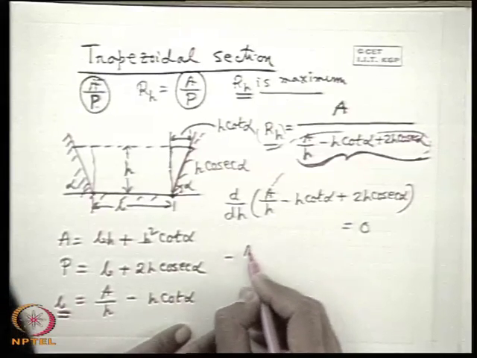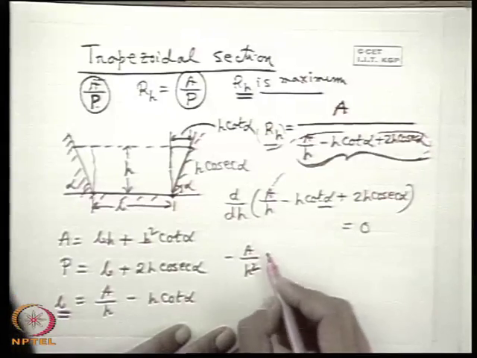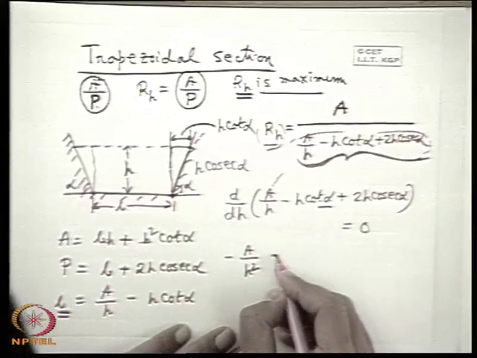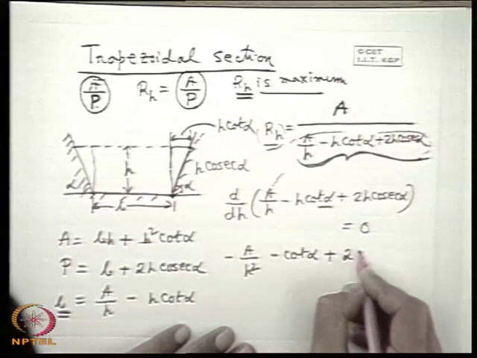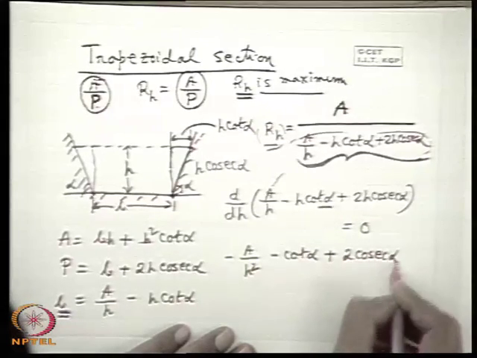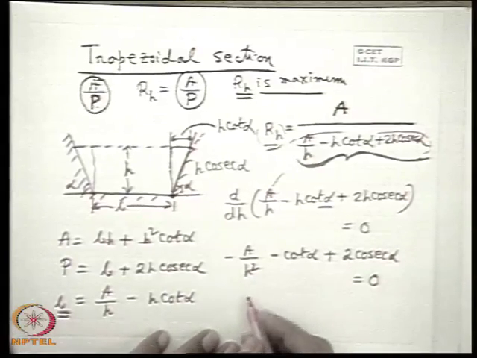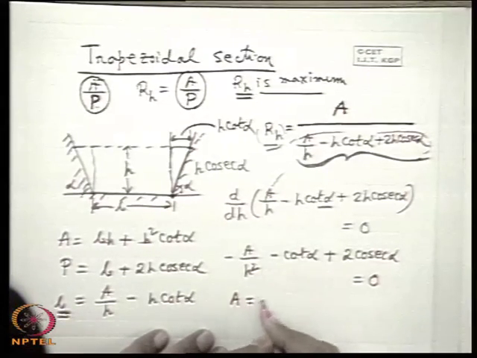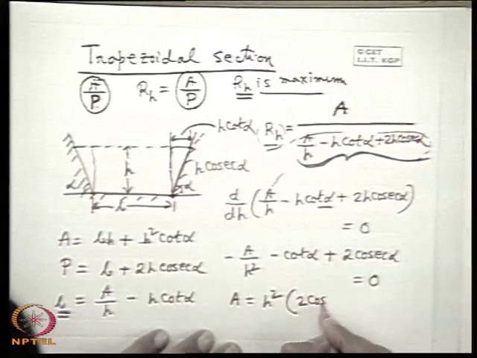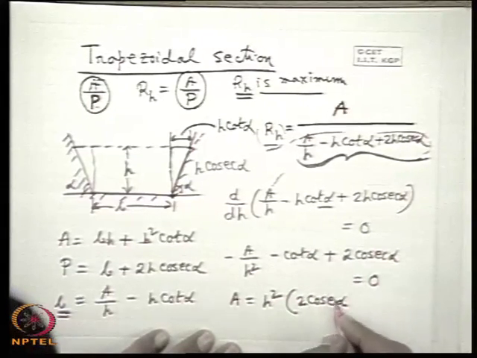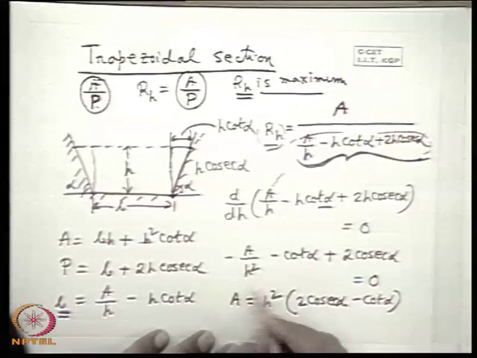If we consider the geometry to be fixed, alpha fixed, differentiating with respect to H we get minus A by H square minus cot alpha plus 2 cosec alpha is equal to 0, from where we get A is equal to H square into 2 cosec alpha minus cot alpha.